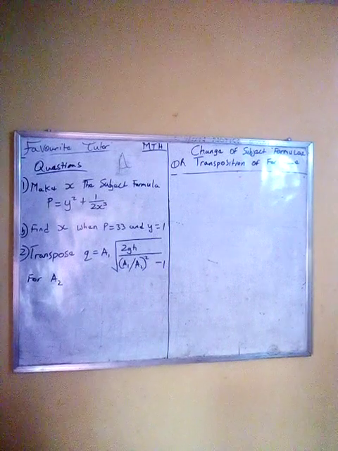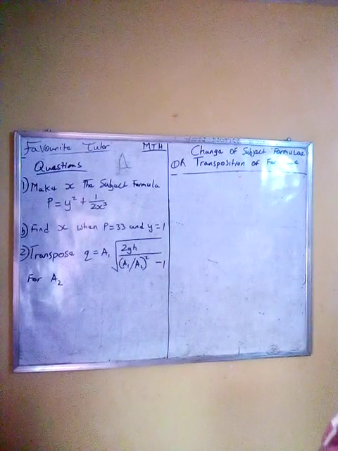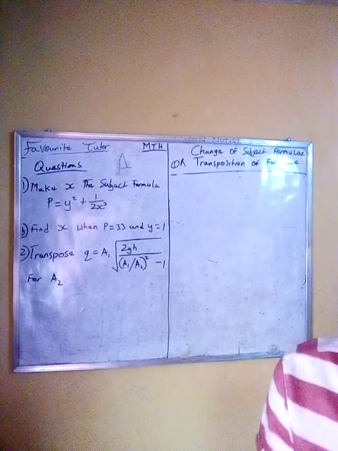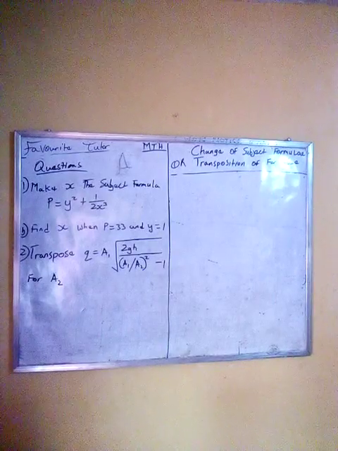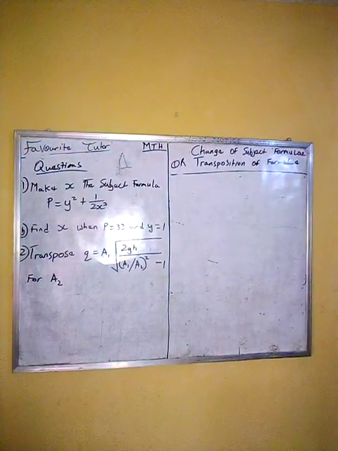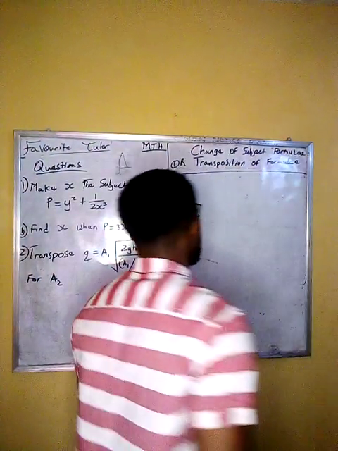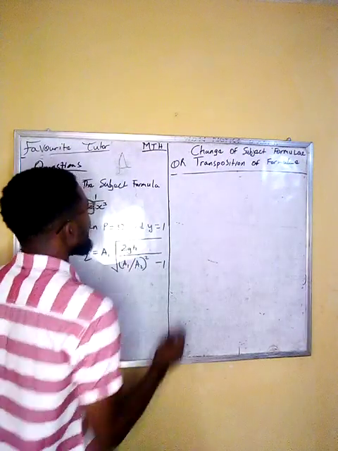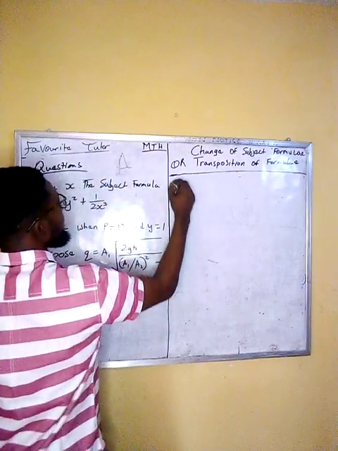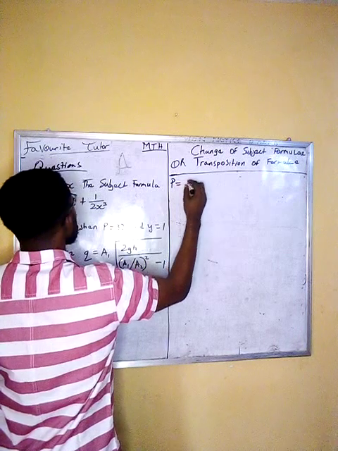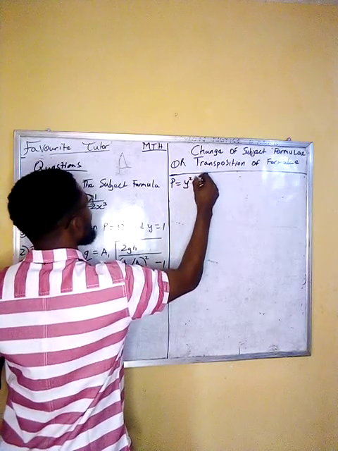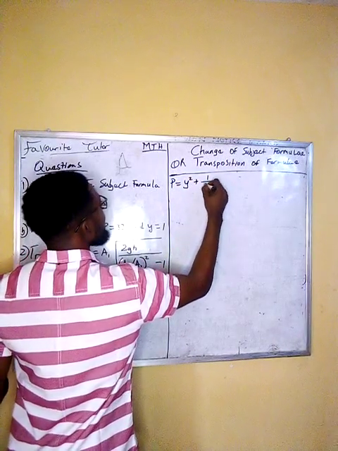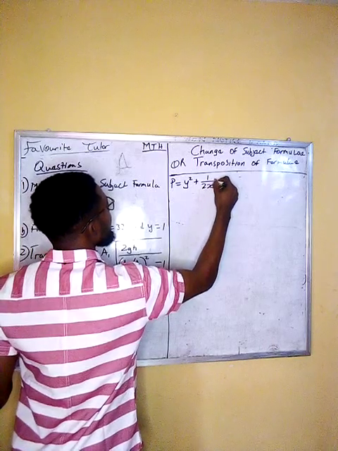First of all, we make x the subject formula, then we find x when P is 33 and y is 1. The equation is P equals y raised to the power of 2 plus 1 all over 2x to the power of 3.